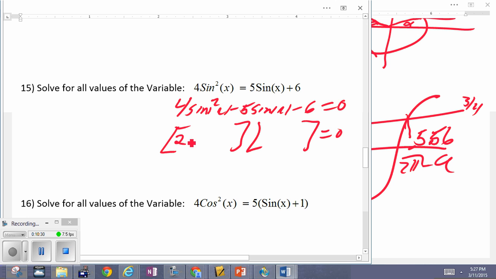I suspect we're going to go with 2. We can let u equal the sine for the time being. So 2u, and I guess we're going to try 2u just to see if this is going to factor out rightly. I guess we'll go with 3 and 2. Maybe that's not the combination we're going to have. We're going to have to play around with this, come up with 4 and 1, and 3 and 2.